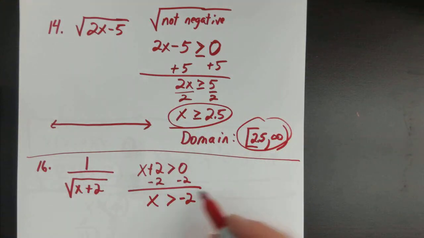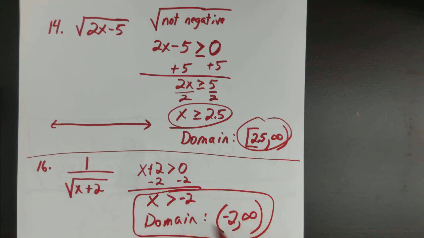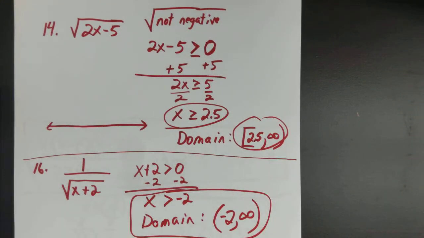Put that there. My domain for this one, I'm going to put a curved bracket around negative 2 and go to infinity for that one. Okay.